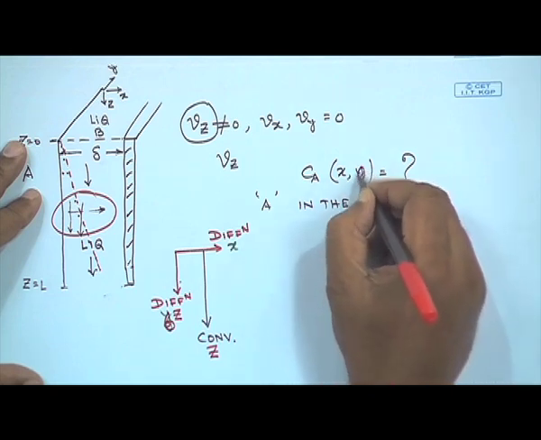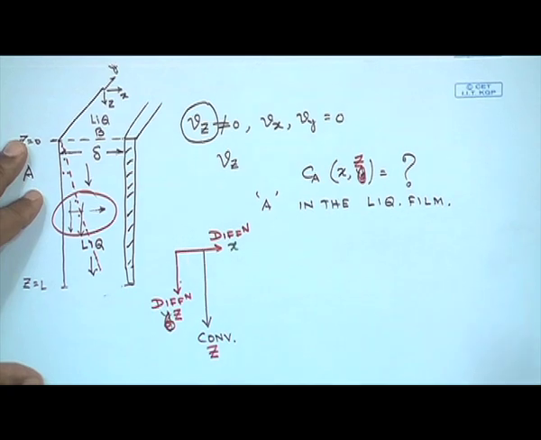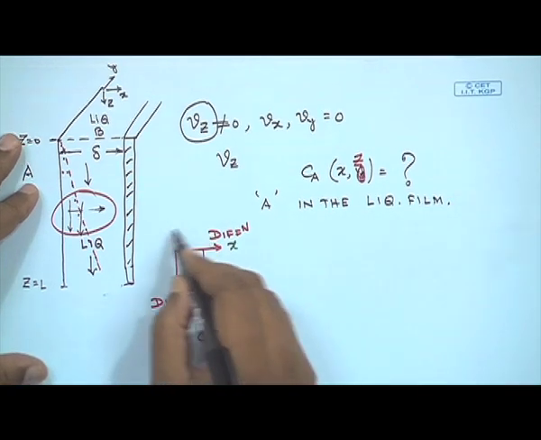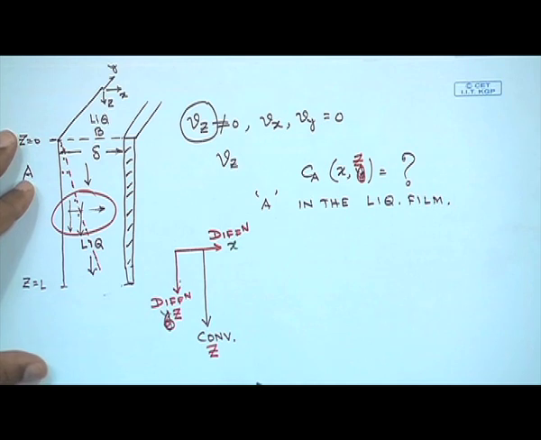Ca, I am sorry, Ca has to be a function of x and z. So these three are taking place.